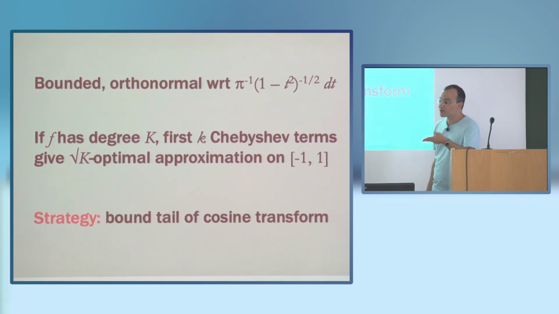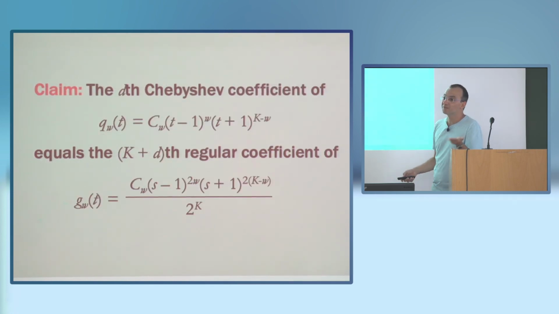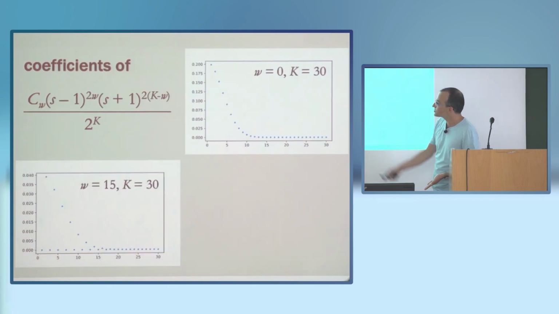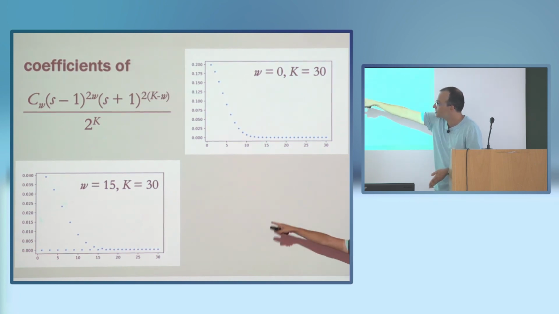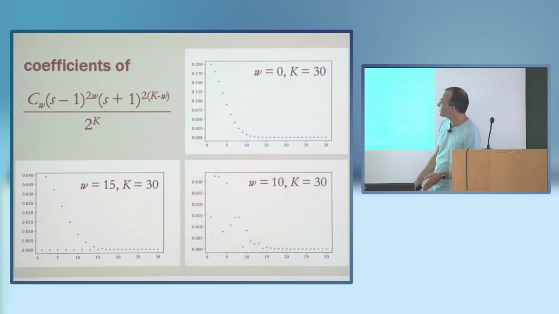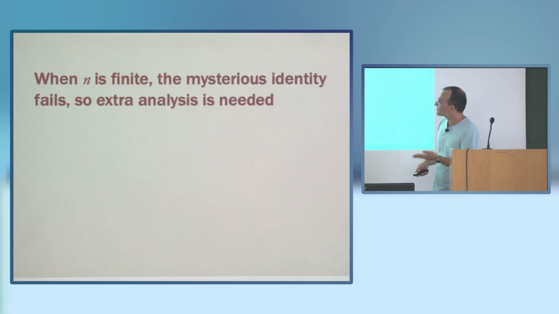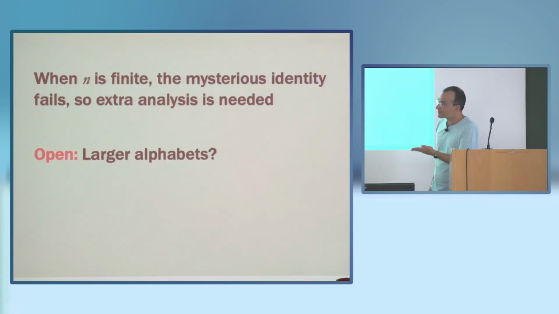So for the rest of it, we develop these tools to analyze this Chebyshev transform. And you get these kinds of pictures that tell you what these Chebyshev coefficients look like. And you see that it's kind of like a bell curve, but not exactly. For some values of parameters, it can be a bit of a mess, and so on and so on. And in the end, you get what you want if you work hard enough. So I'm not going to say anything about this.